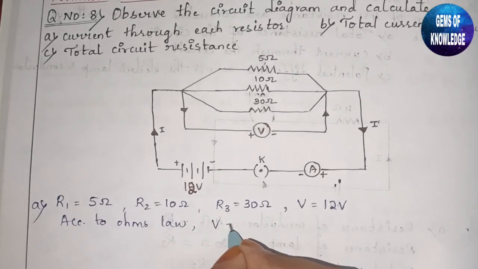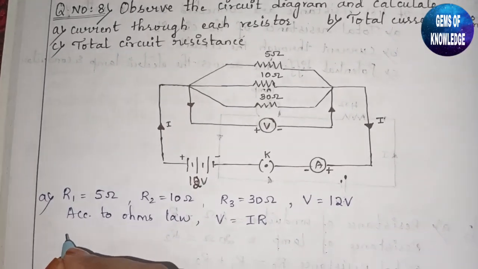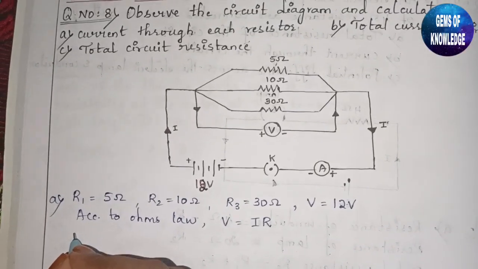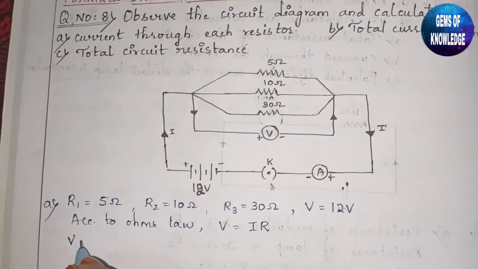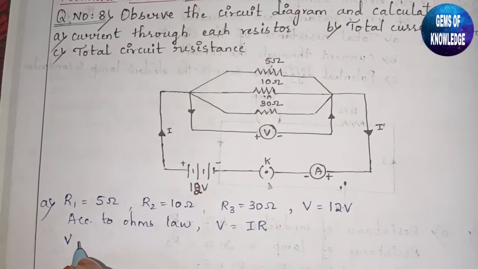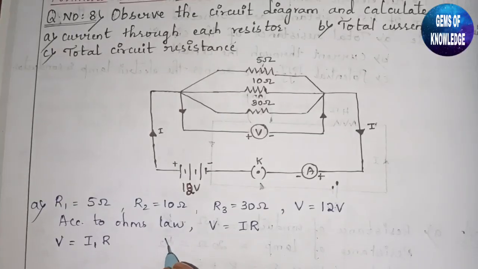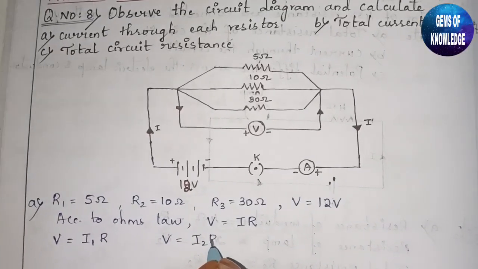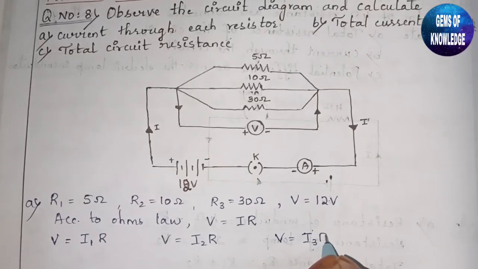We have V is equal to IR. So this we have to find out separately. V is equal to I1R, V is equal to I2R and V is equal to I3R.